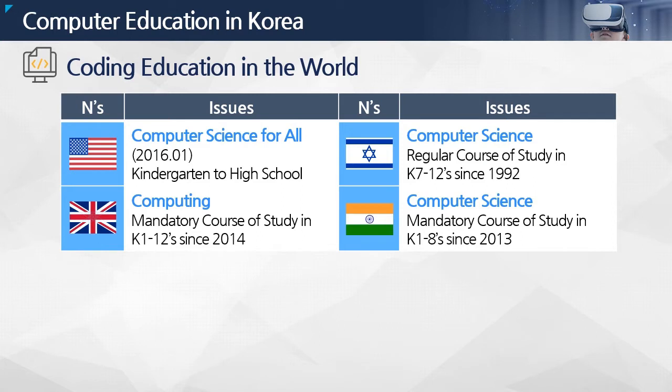In England, a traditional powerhouse in computer education, they implemented a curriculum including computing and coding as required subjects for students from K1 to K12 in 2014.